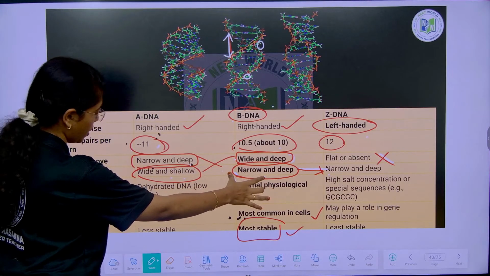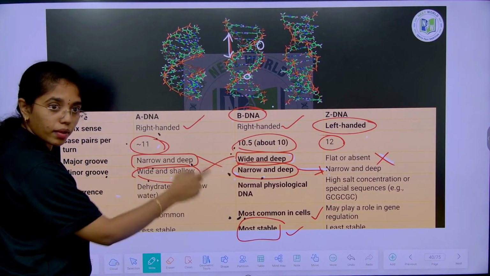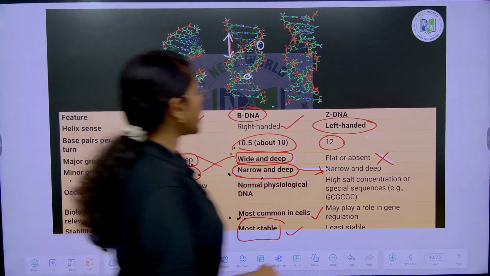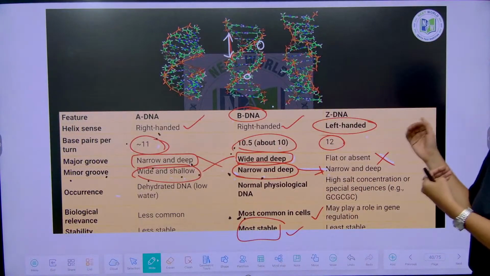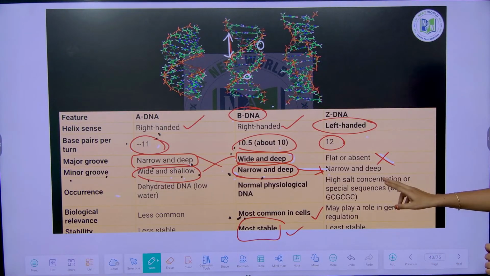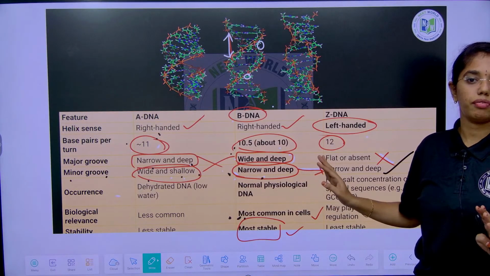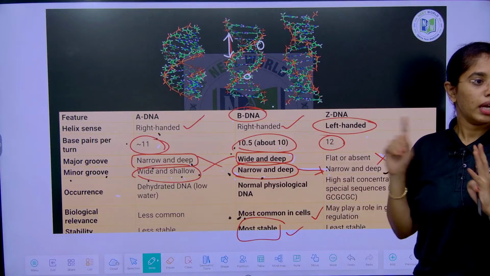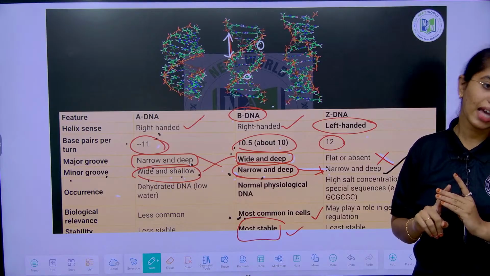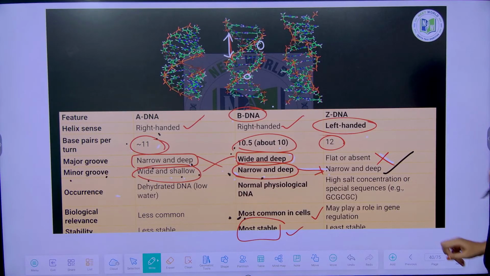In A type DNA, the minor groove is wide and shallow. In Z type DNA, the major groove is completely absent. Can you see here? No major groove. Only the minor groove you can see, that is narrow and deep. These are the points you remember from forms of DNA: number of base pairs, major and minor grooves, and what-handed helix. Four points. Right? Clear all?